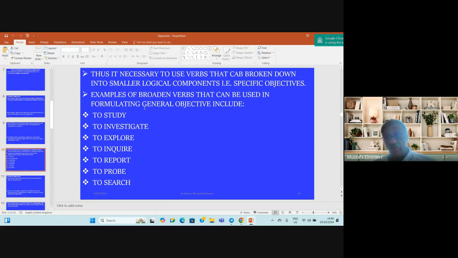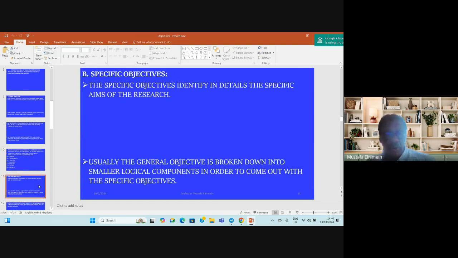Examples of such verbs for formulating the general objective include to study, to investigate, to explore, to inquire, to report, to probe, to search, which are broad enough so that they can be broken down into small logical components.